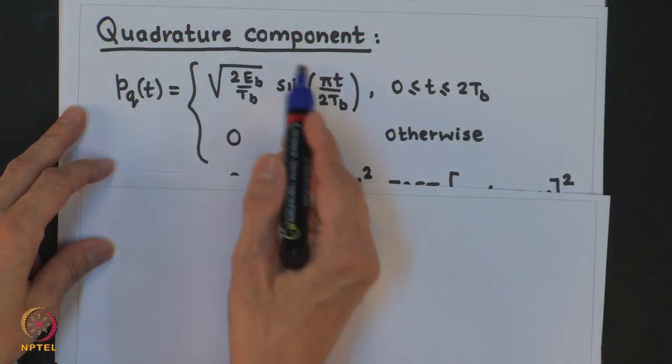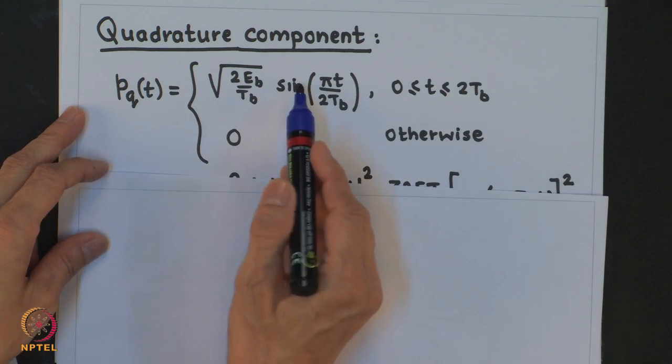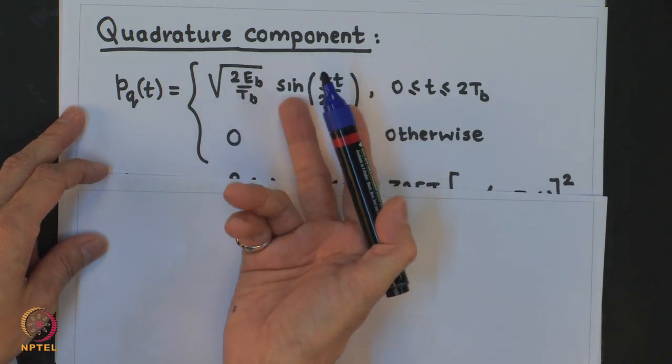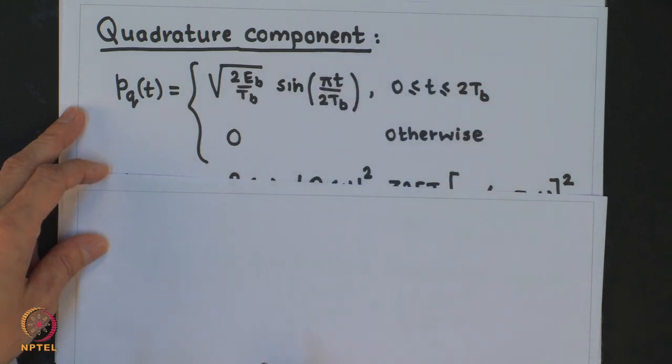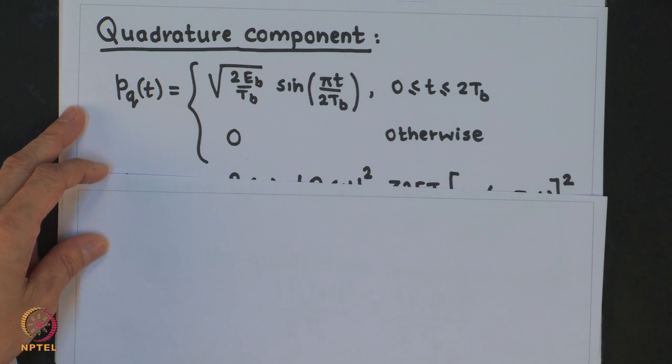Now, let us calculate the power spectral density for the quadrature component. For the quadrature component, the symbol shaping function would be given by this expression. Again, we know that this is just a phase shift compared to the in-phase component, so this will not affect the power spectral density.